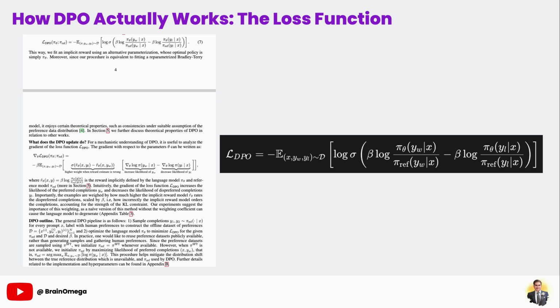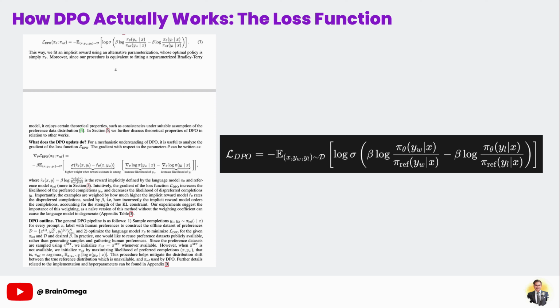This forces the model to focus its learning effort on the examples it's getting wrong, making training incredibly efficient and stable. In short, DPO increases the relative log probability of preferred responses, weighted by how incorrectly the model currently ranks them. The beauty of DPO is its simplicity.